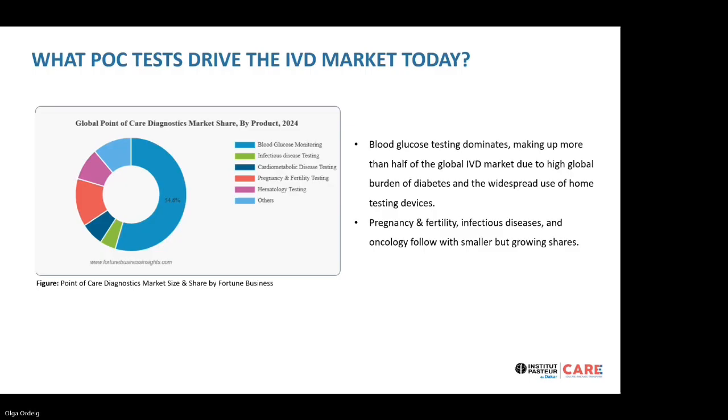When I saw this figure, I was a bit surprised at how small the infectious disease point of care market is. And I think it links a little bit with one of the first slides we discussed this morning. Infectious diseases are the main disease burden in the global south, but they are not the main disease burden in the global north. In the global north it is non-communicable diseases, like cancer, mental health, strokes.